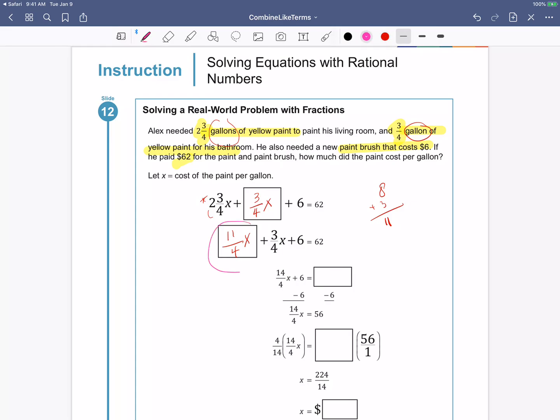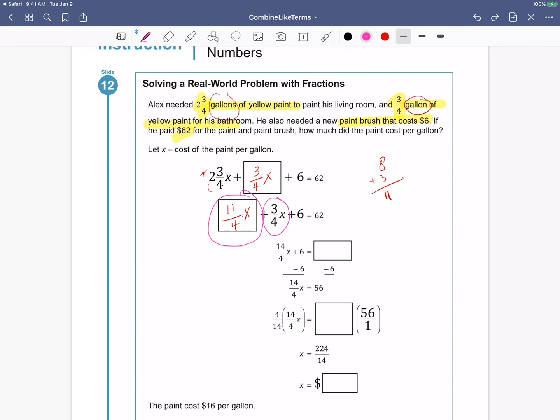Both of these numbers have x's, right? So 11 plus 3 is going to give me 14 over 4 x plus 6 equals, and it's still $62. We haven't changed the pricing yet. We haven't done any changing.